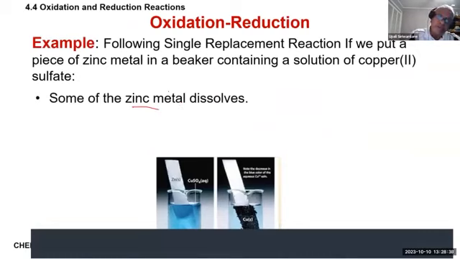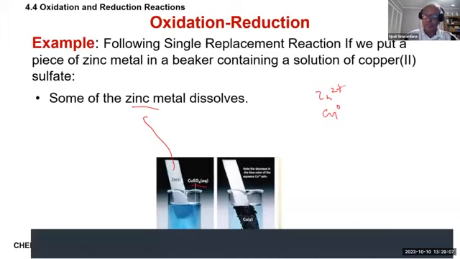Oxidation reduction takes place in solution with metals. If you look at this zinc metal placed in a copper sulfate solution, zinc goes into the solution as zinc 2+, oxidized. Copper from the solution gets deposited as copper metal.